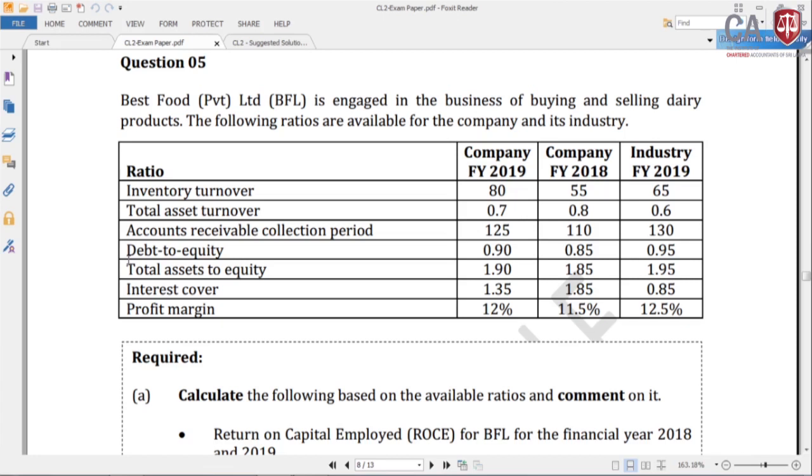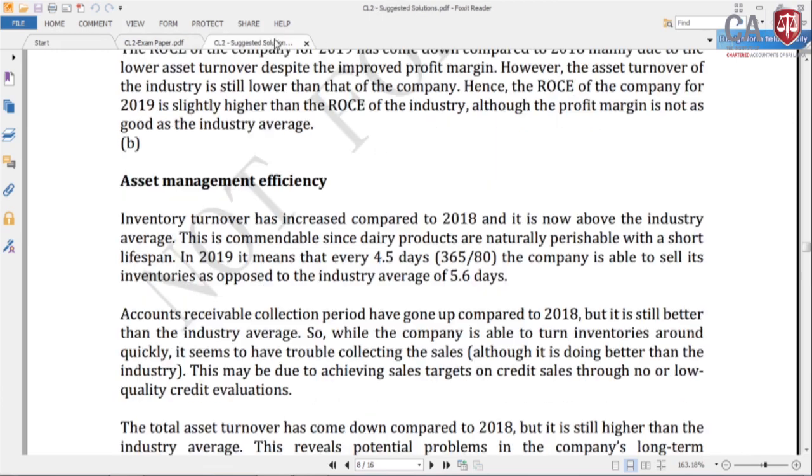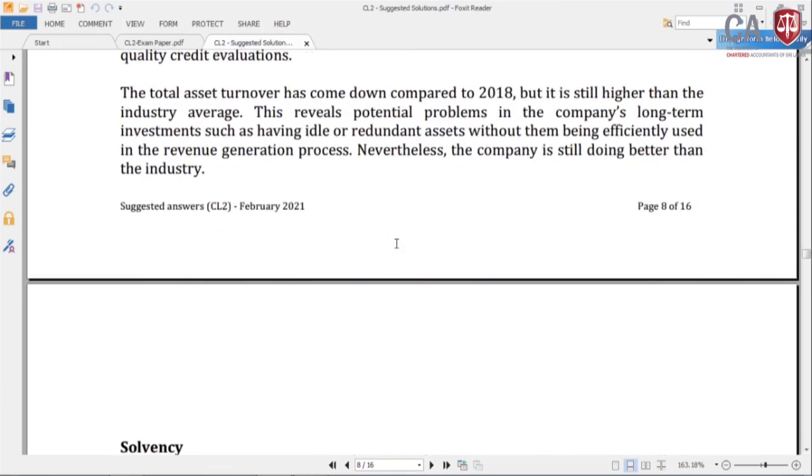Why? Because debt to equity ratio has increased and even the interest cover ratio has come down. The higher the gearing position is, the bigger the interest component should be, and that will bring down the coverage ratio. So, you can look at the answers given by the examiner.